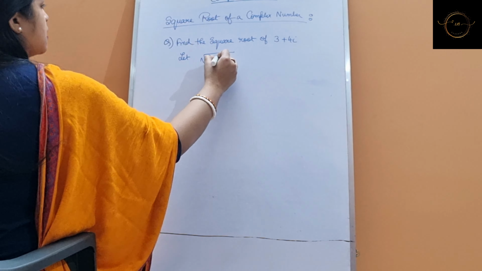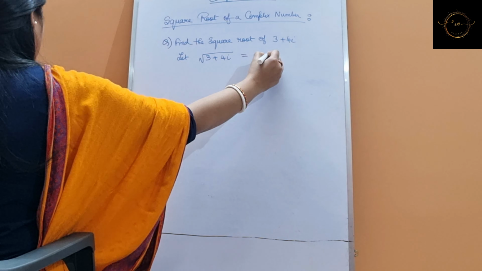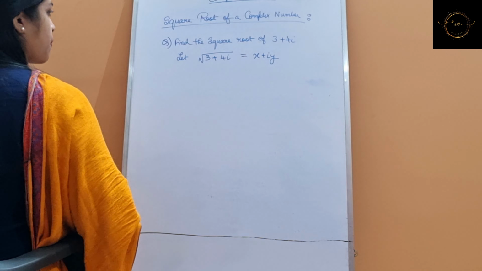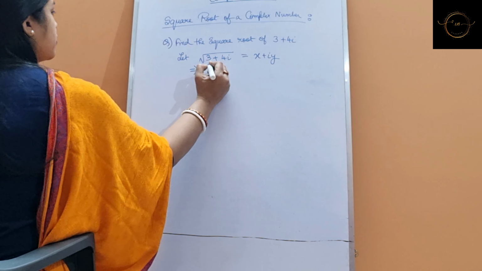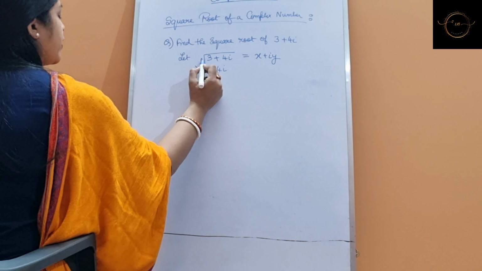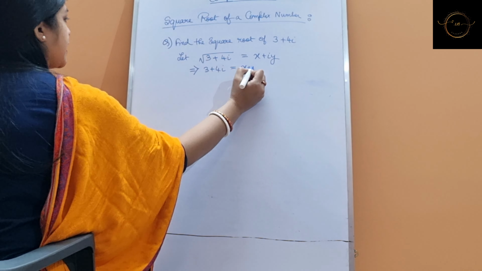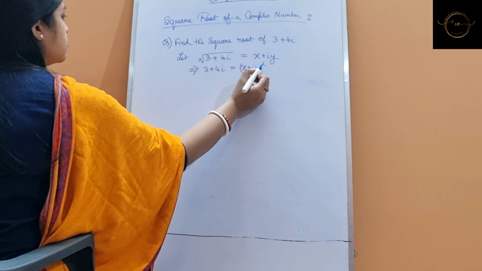Let the square root of 3 plus 4i be equal to x plus iy. Now squaring both sides, the root will go out, and this will be (x plus iy) whole square.